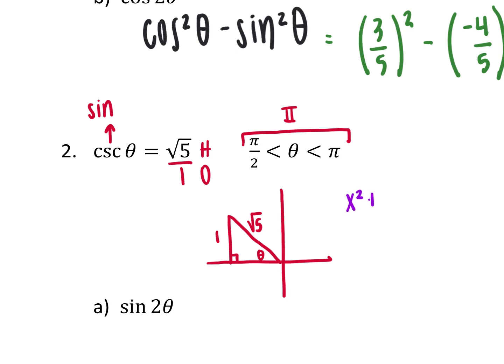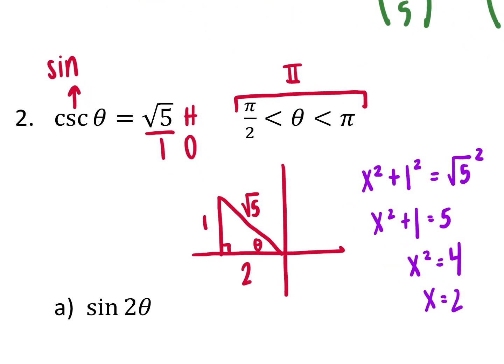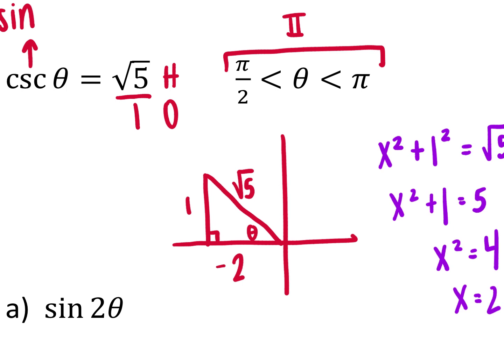So we have x squared plus leg squared equals hypotenuse squared. You end up getting x squared equals 4, so x should equal 2. When you put that 2 on the triangle, though, make sure that you're being careful to make this negative.